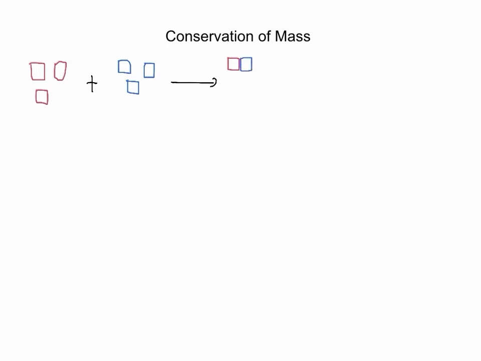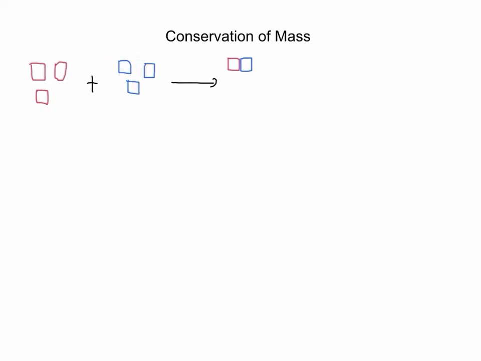The way I've drawn this, would you say that I'm done with the reaction? Well, we can see that I have 3 red square atoms on the left, but I only have 1 red square atom on the product side, on the right. So what I need to do is match up the other atoms.